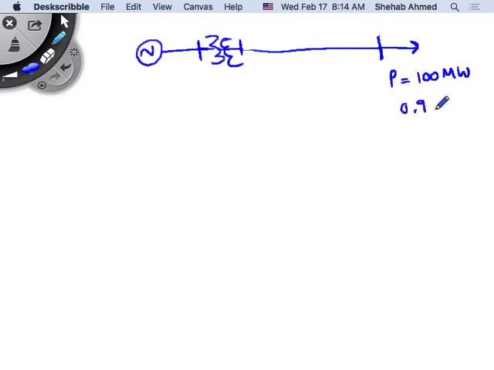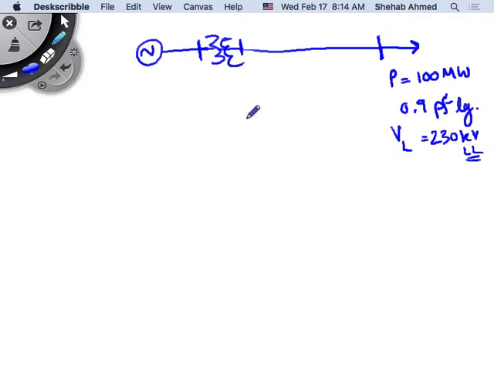It's 0.9 power factor lagging, and the V at this bus, so V load, again, they're also saying it's 230 kilovolts, and they're not specifying anything, so it's a line-to-line voltage. So V load is 230 kilovolts. This is a line-to-line voltage, right?